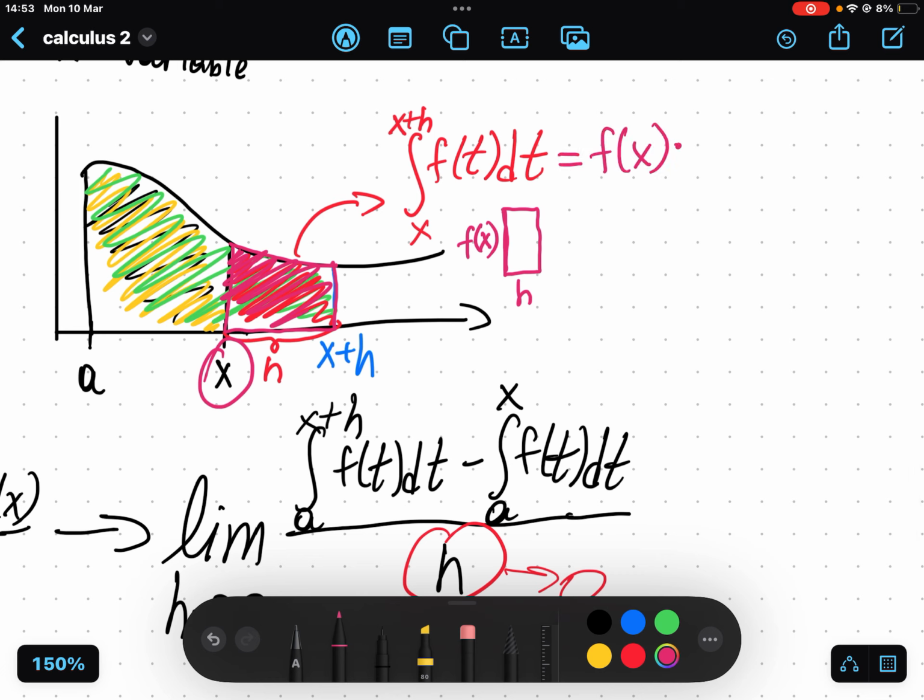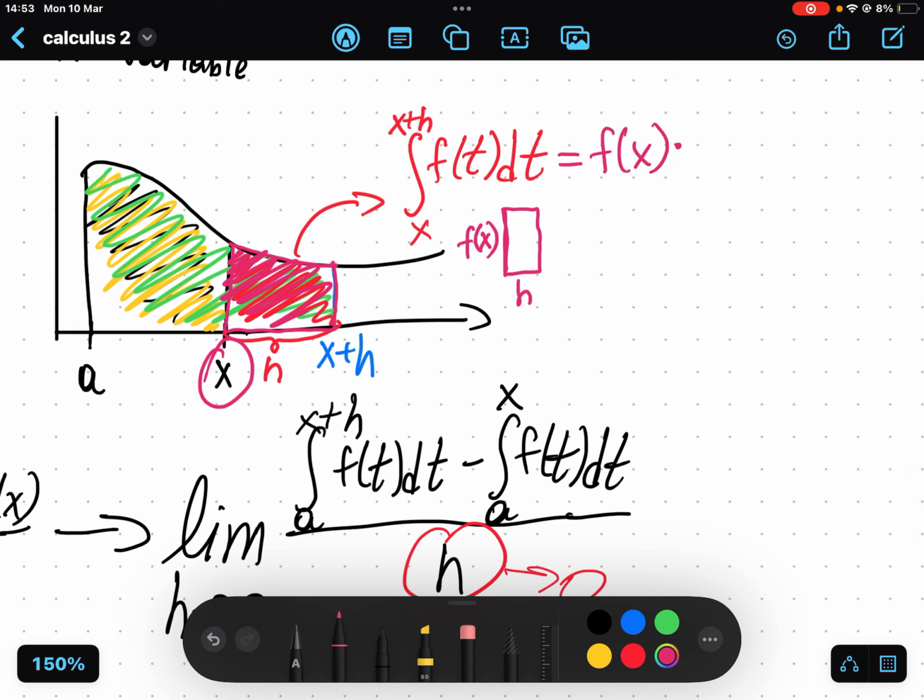So now let's plug it into our actual definition of the derivative. The limit as h goes to 0, and we already calculated this part, right? It is f of x times h over h. Oops, the h's cancel out. So we just remain with f of x.